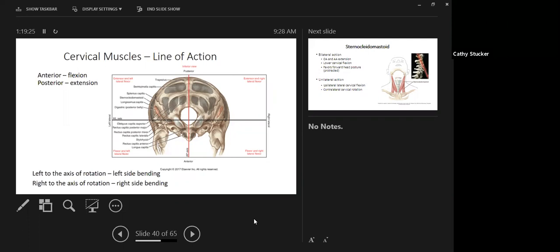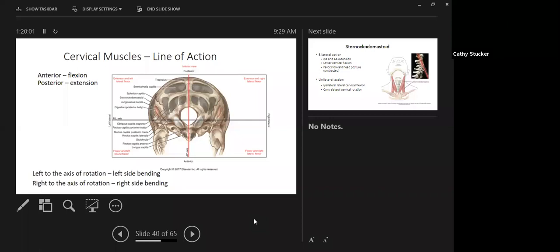Those two lines meet right at the axis of motion of the head, right? So if something is posterior to the medial lateral axis, it's going to be doing extension. If something is falling right on the line of the medial lateral axis, it is likely not doing a whole lot for flexion extension, except for stability, potentially, because it's in the line of the axis of motion. Does that make sense?